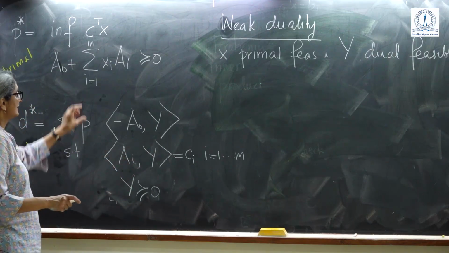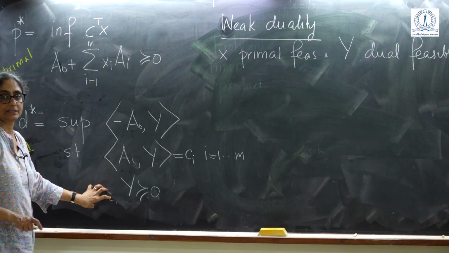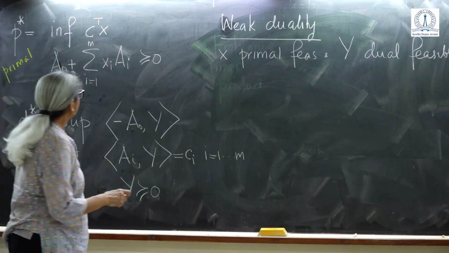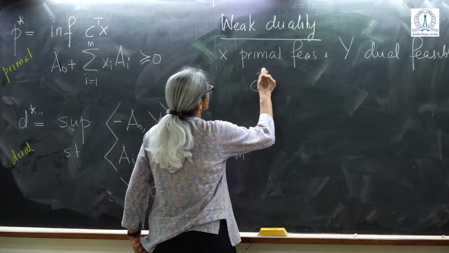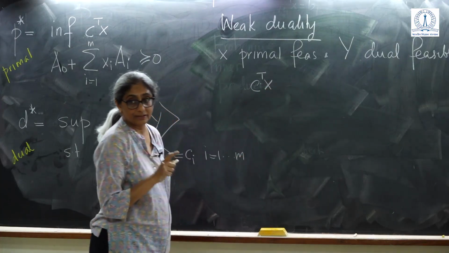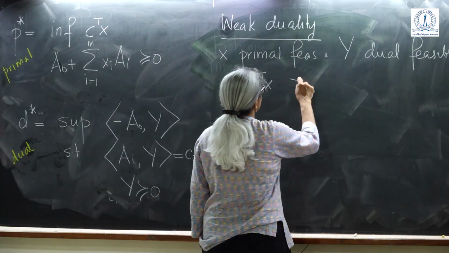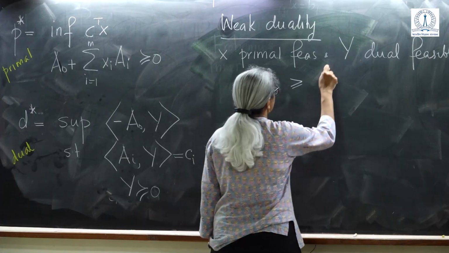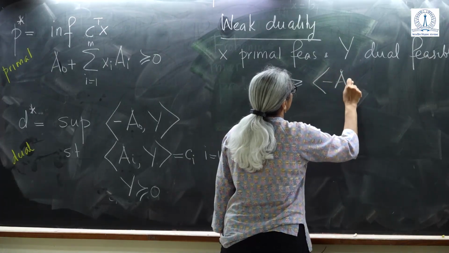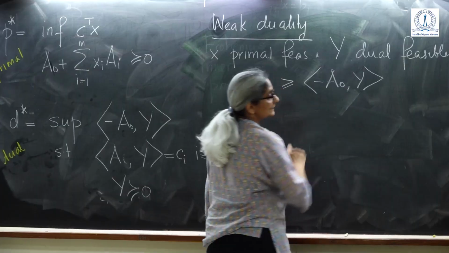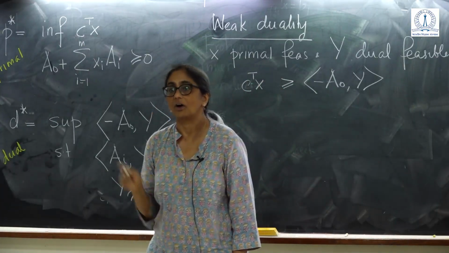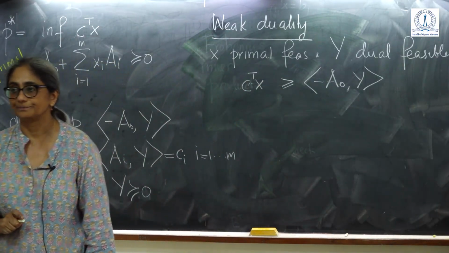If you pick a point in this spectrahedron and a point in this spectrahedron, x and y, then it must be that C transpose x, which is the inf objective, is always greater or equal to minus A0 inner product y. So the inf value is always above the sup value.